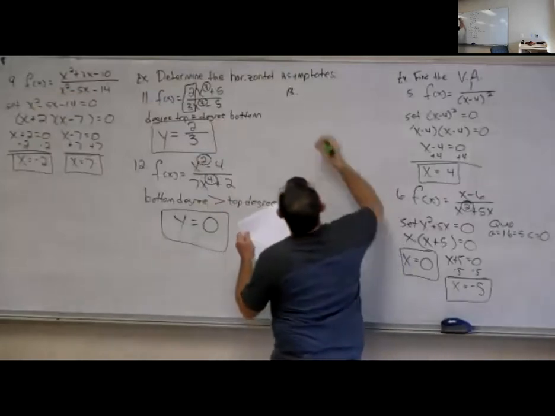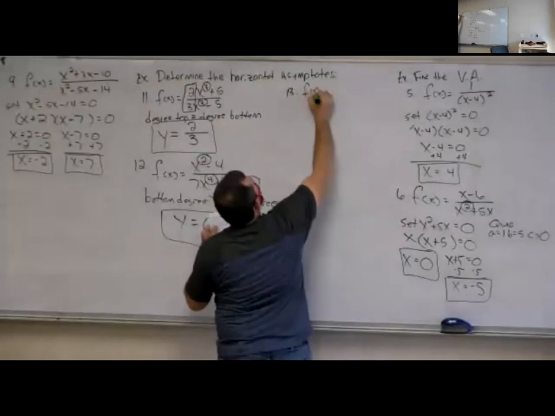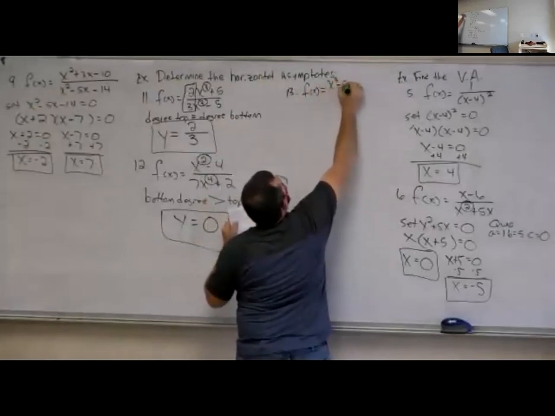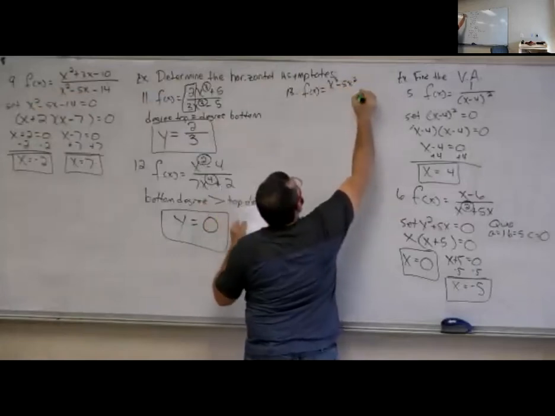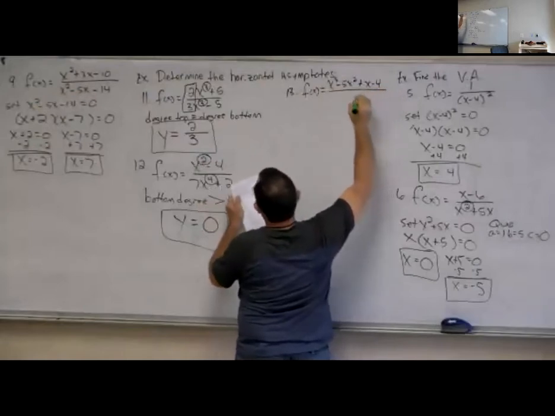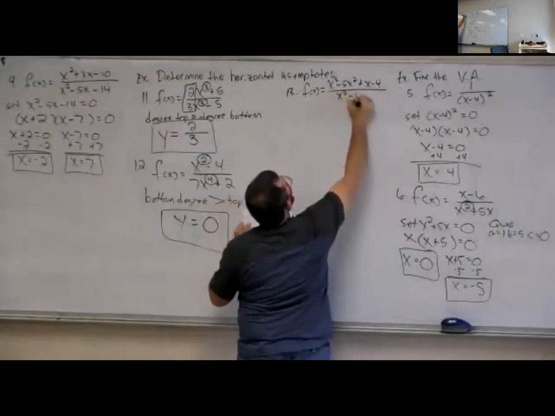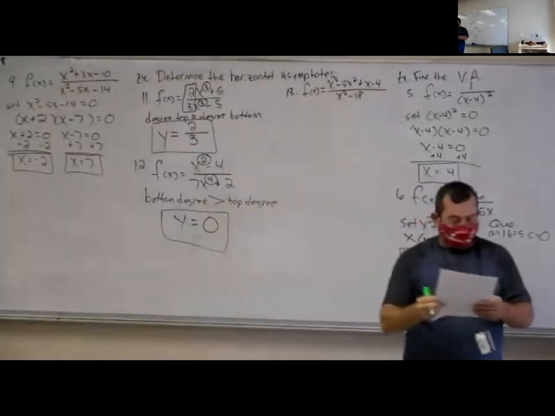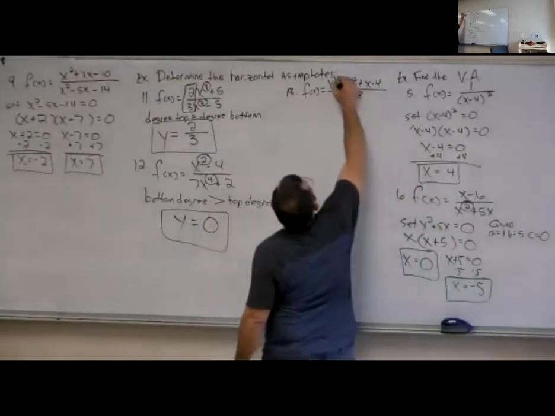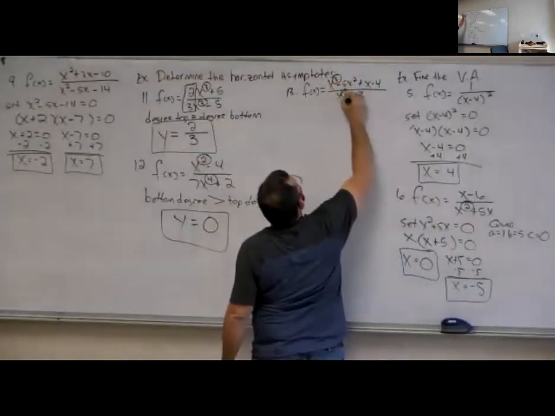Oh, that's a long one on top. Okay. So f of x equals x to the 3rd minus 5x squared plus x minus 4, all over x squared minus 18. So I got a 3 on top, 2 on the bottom.